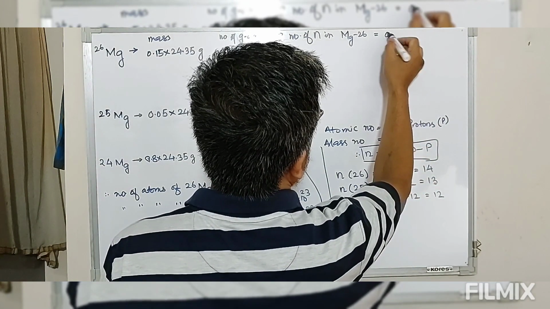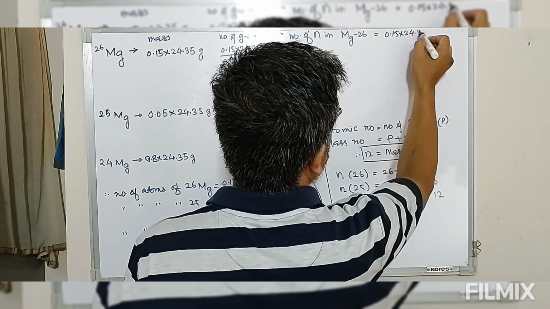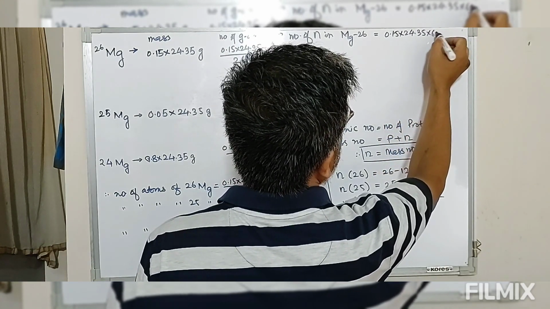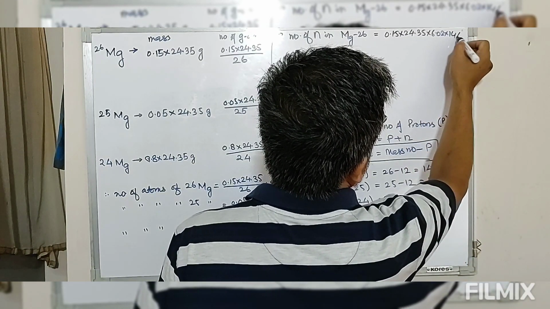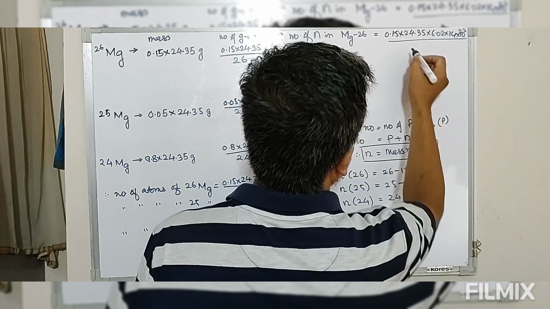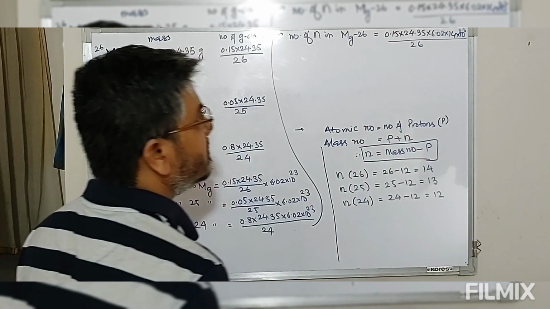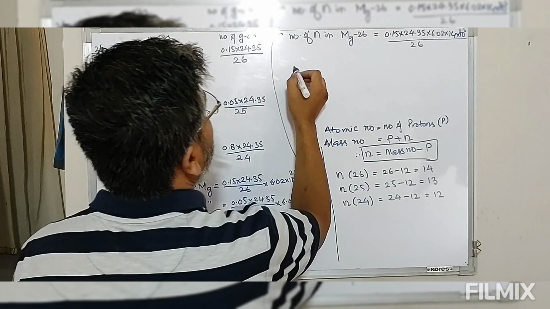So we have 0.15 into 24.35 into 6.02 into 14 into 10 to the power 23 divided by 26. This is the number of neutrons in magnesium with isotopic mass 26.